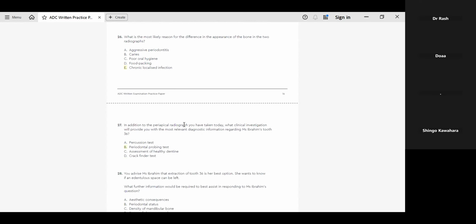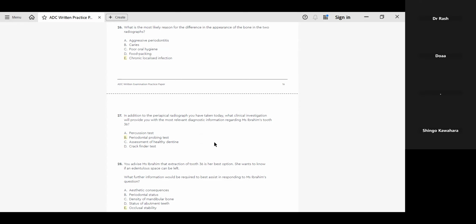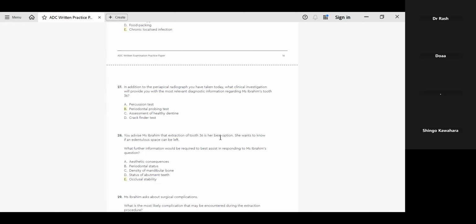In addition to the periapical radiograph you have taken today, what other investigations will provide you with the most relevant diagnostic information? Periodontal probing test, all right. You advise Miss Ibrahim that extraction of tooth 3-6 is her best option. She wants to know if an edentulous space can be left.